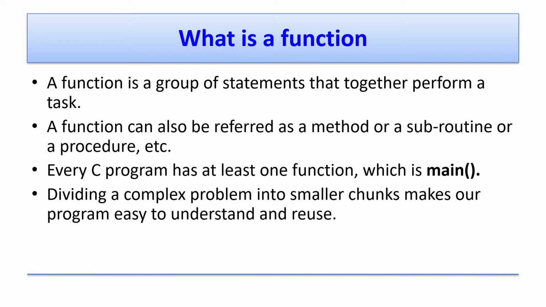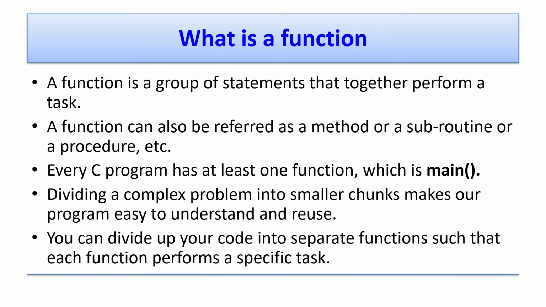We call those sub methods or sub functions. So you can divide up your code into separate functions such that each function performs a specific task. All right, so you can divide your program into small functions, each of which performs a specific task.